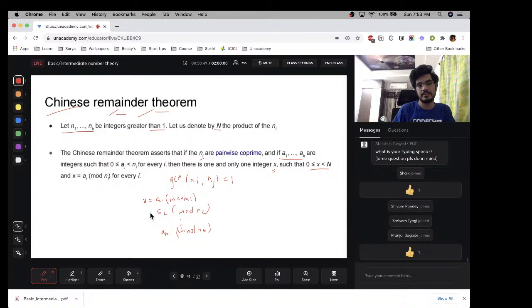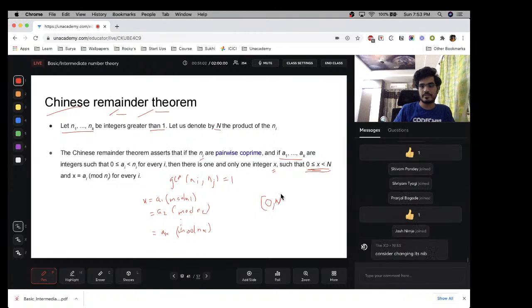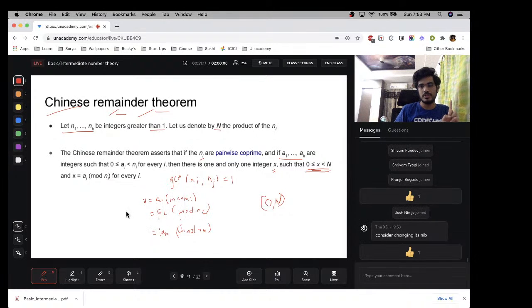Then there exists only one such x from 0 to capital N. From 0 to capital N, there exists only one such x, such that if we are given a1 to ak and n1 to nk, x equal to a1 mod n1, x equal to a2 mod n2, and so on up to ak mod nk.